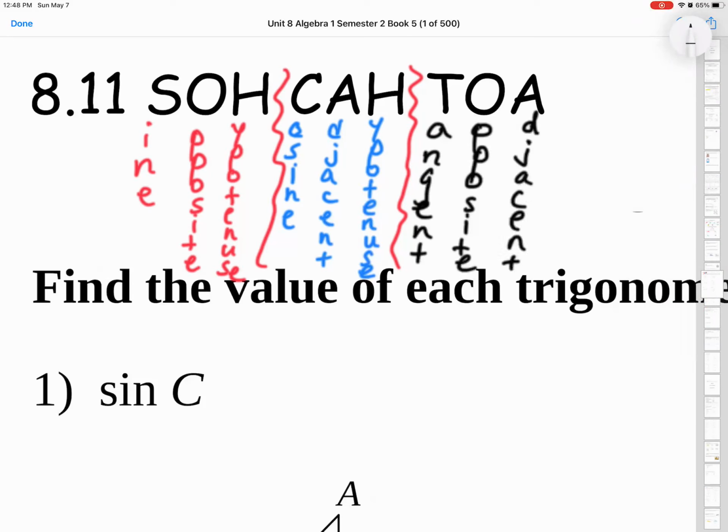And so these opposite and adjacents essentially just stand for the positions of what your values are in those lengths for our right triangle. I'll give you guys a moment to go ahead and jot those down. But again, SOHCAHTOA: sine is opposite over hypotenuse, cosine is adjacent over hypotenuse, and TOA is our tangent function, opposite over adjacent.